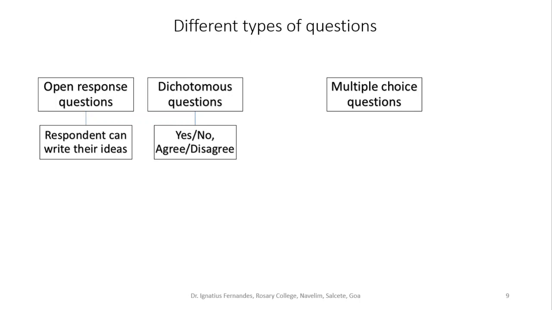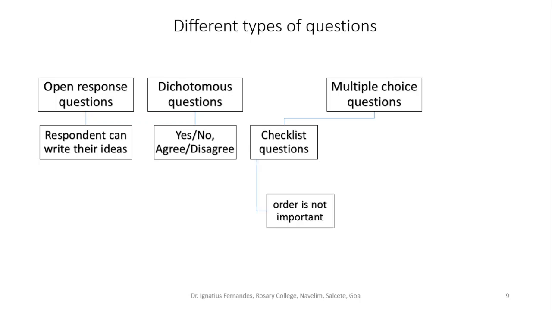The other one is multiple choice questions, and multiple choice questions can be of different types. One is the checklist question. A checklist question is one in which the order is not important. Let's say, for example, you want to find out which mobile network internet service is good. They'll ask you which of the following internet services you have used.